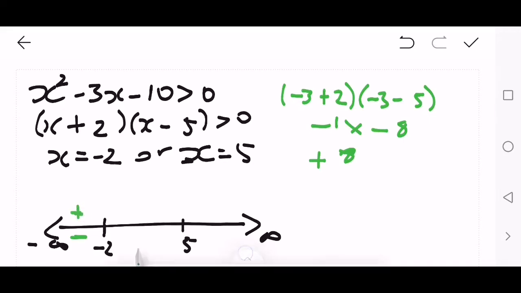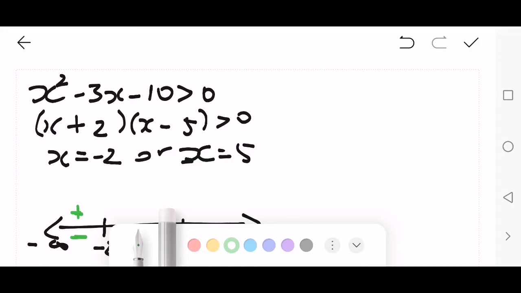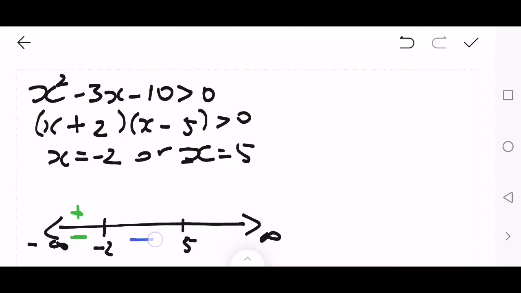Then we need to get a number from in between these two numbers, and substitute that number just as we did with the minus 3 that I chose earlier. So a number between minus 2 and 5 would be, for example, let's say 3.